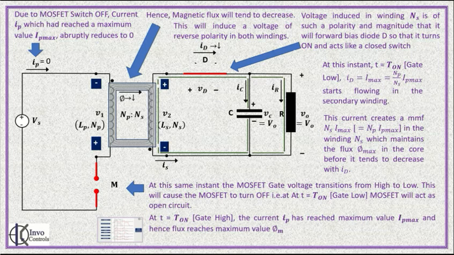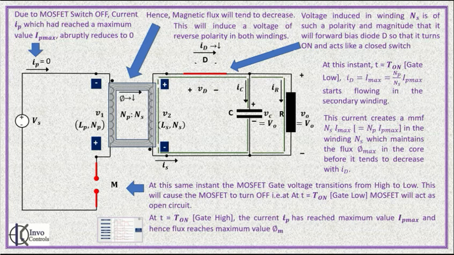However, at T on gate low, the primary current Ip is equal to 0 and the diode current flowing in the secondary is maximum at Id equal to Imax, which maintains the flux phi m. Thus, at this instant, maximum flux phi m in the core is driven by the secondary winding magnetomotive force only.